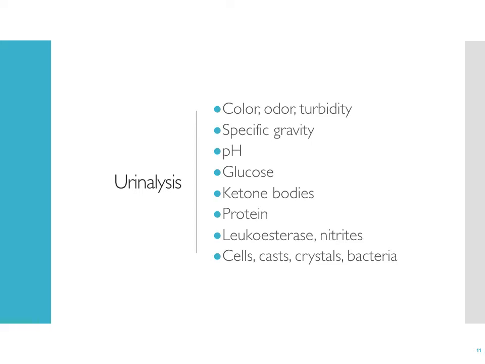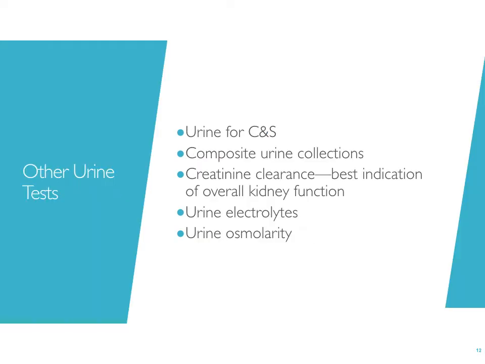It's almost like if you took an impression of something and this came off of whatever it was that it was on. Also crystals, we don't want to see those, but those are associated with certain types of disease states, like gout. And obviously we don't want to see bacteria in the urine because that tells us that there definitely is an infectious process going on.